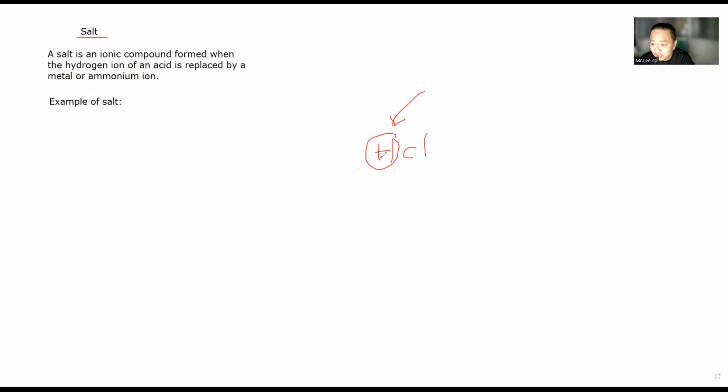For example, I replace it with Na, so NaCl, sodium chloride, is a salt. Sodium chloride is a salt that you use and eat every day.